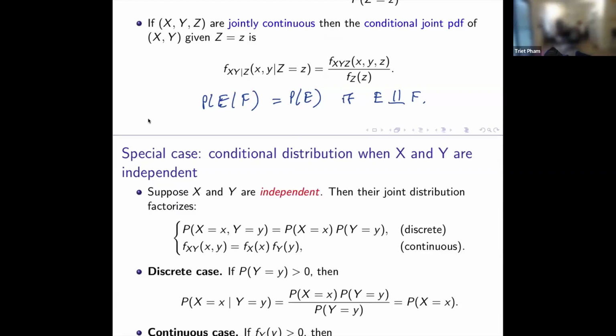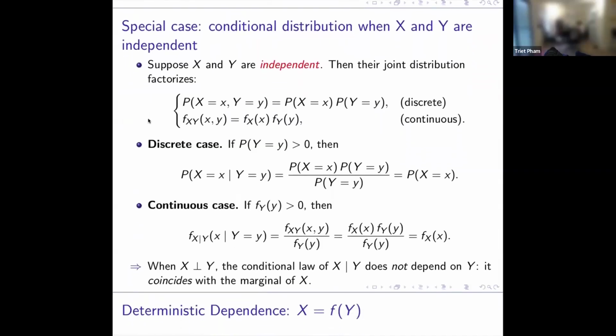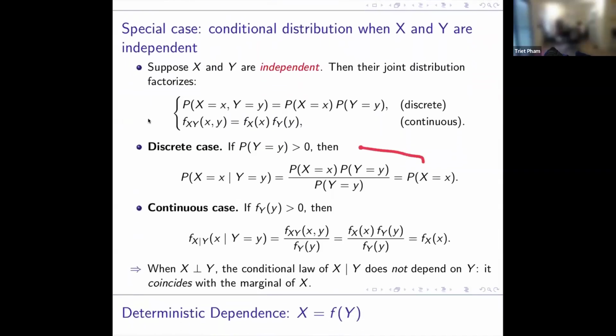So this idea, that independence means conditioning has no effect, extends to random variables too. If they're independent, then the conditional PMF is just the marginal PMF. The conditional density is just the marginal.